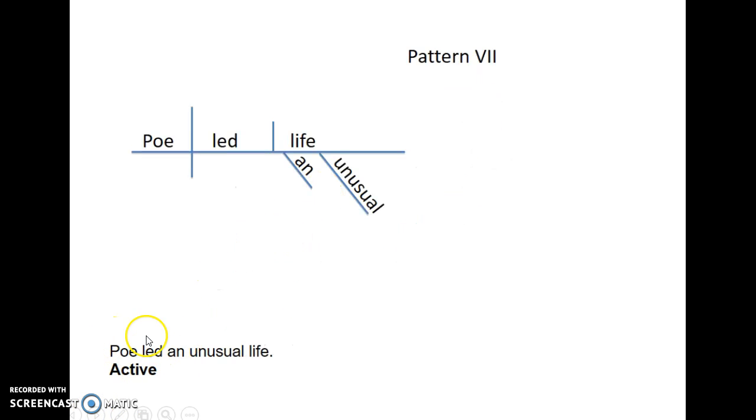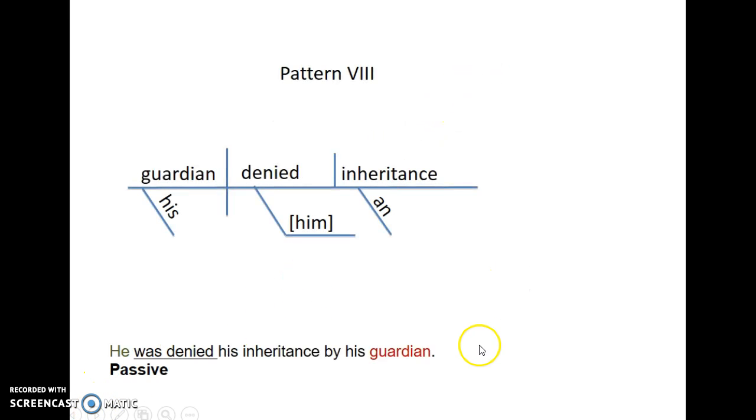Poe led, subject, verb, led what? Life. Subject, verb, direct object with the 2 modifiers going under, pattern 7. Short and sweet. He was denied his inheritance by his guardian. Again, the be verb, the past participle, the noun, and that by tell us it's passive. So who's doing the denying?